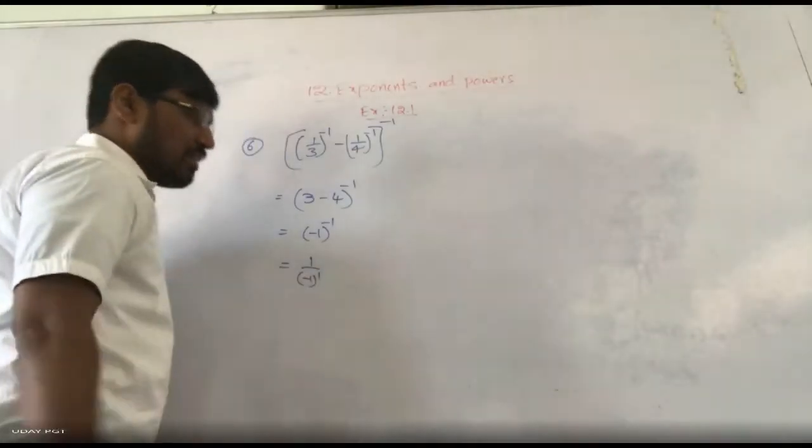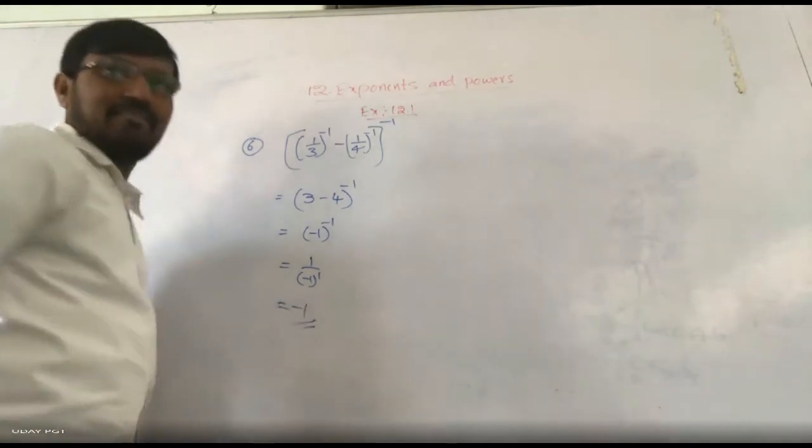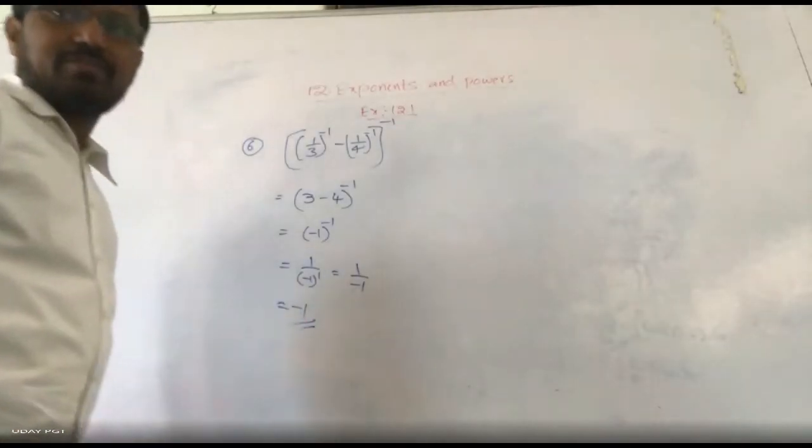This is what? 4. Minus 1, minus 3. 1 by minus 1 to the power of plus 1. 1 by minus 1 is nothing but minus 1 only.